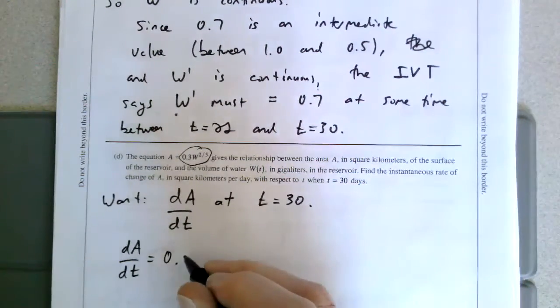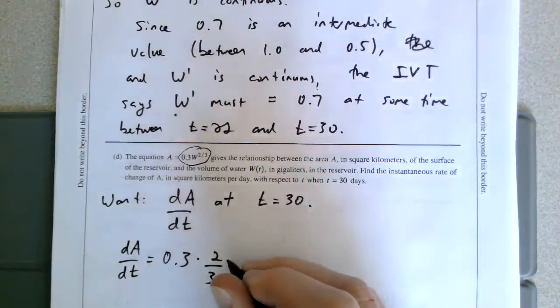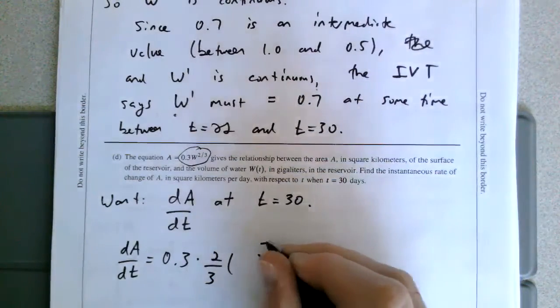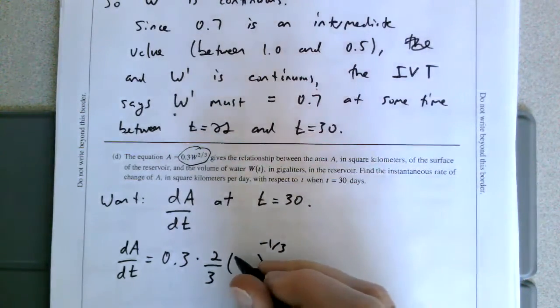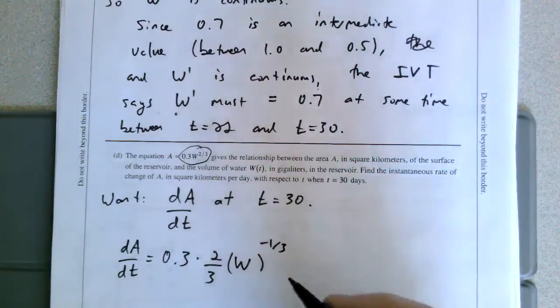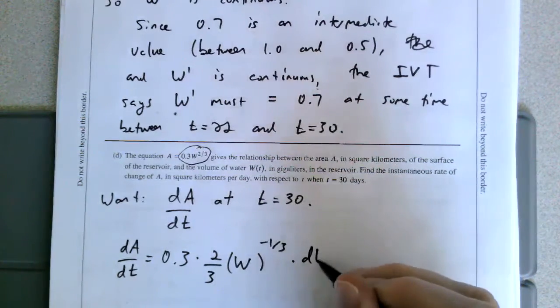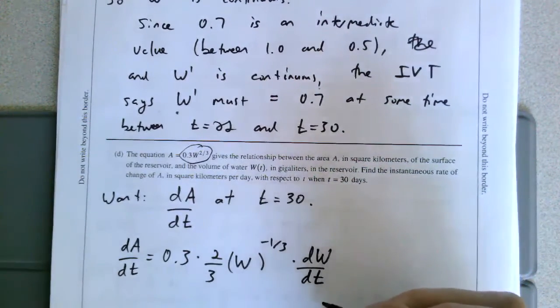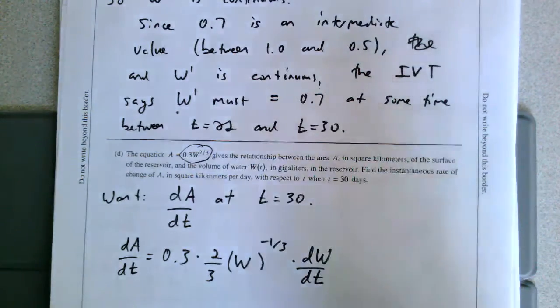So the derivative will be 0.3 times 2/3 blank to the -1/3. That's the derivative of the outside function. What goes here? Just W, the original inside function, times the derivative of the inside function, which is dW/dt, the derivative of W with respect to time. You could write W prime if you wanted, that's fine.